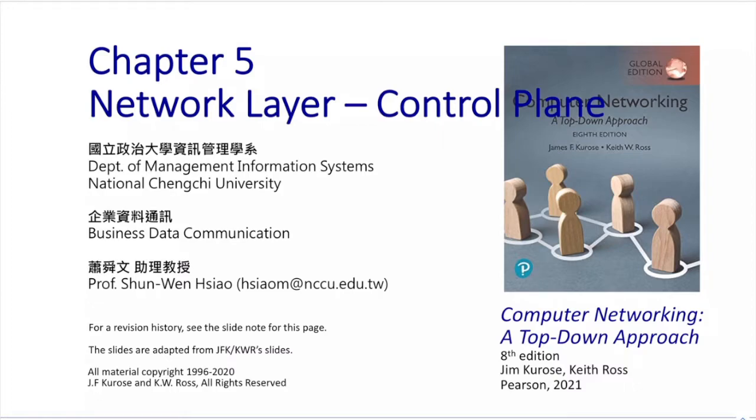The control plane is to manage the routers and run routing algorithms so that the routers and their neighboring routers can work together to determine the best path to route different packets.